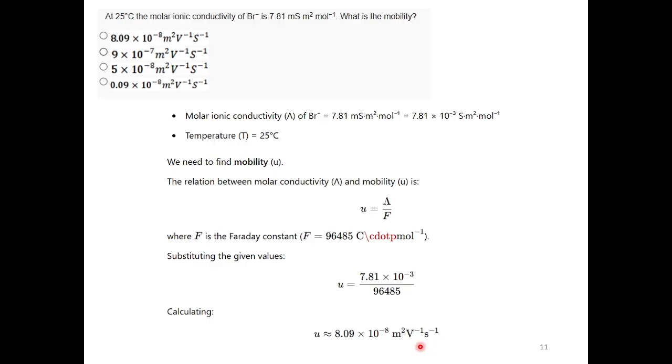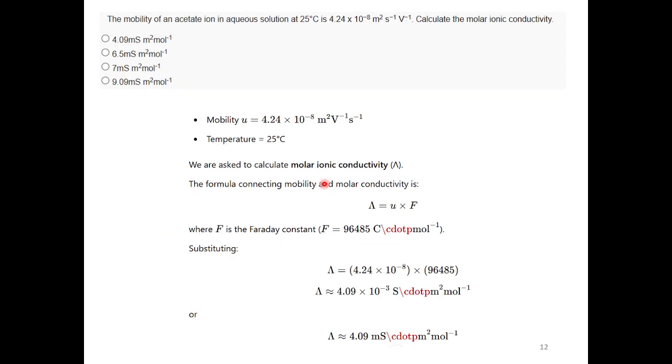As a result you get around 2 into the equivalent conductivity, equal to the molar conductance, right? Similarly, this is the last question, where you need to find the mobility of the acetate ion in aqueous solution, which is already given. Calculate the molar ionic conductivity of the solution. It's coming around 4.09 millisiemens meter square per mole, right?